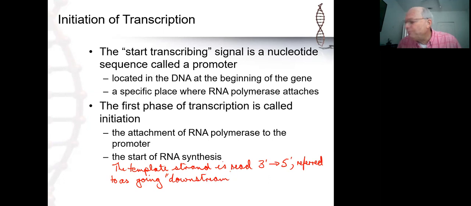So if you're moving 3' to 5', because that's the direction that DNA is always being read in, we say that that's going downstream. So the promoter is located upstream from the gene. Which obviously means going in the other direction, going 5' to 3', not 3' to 5'.